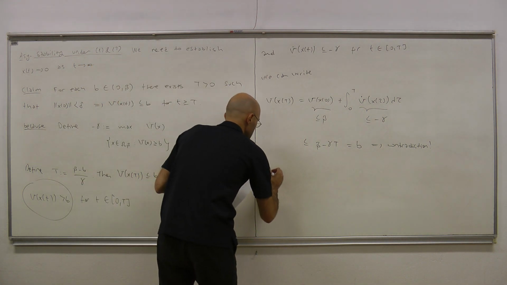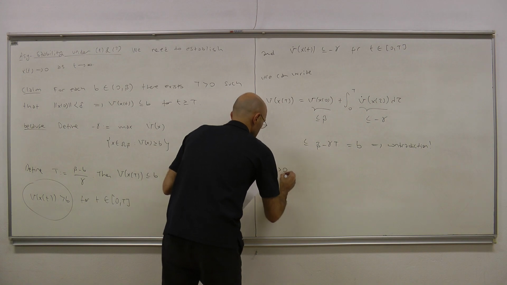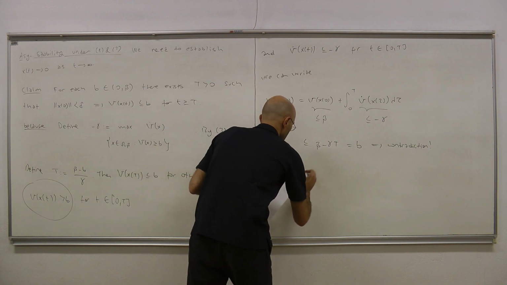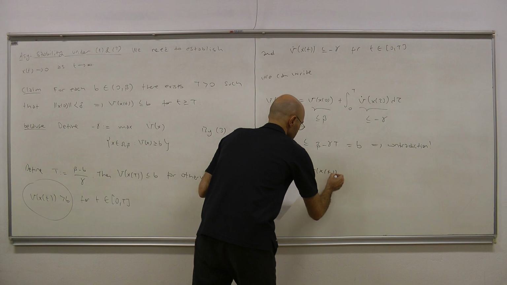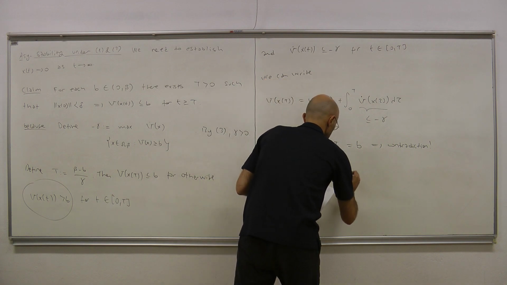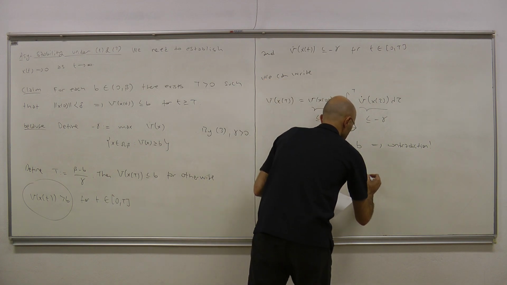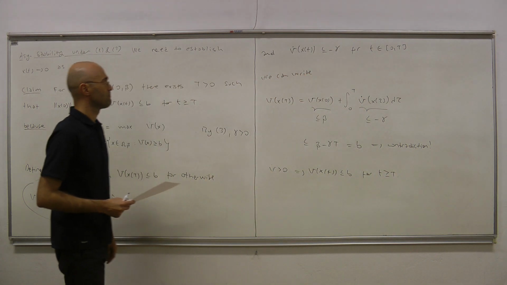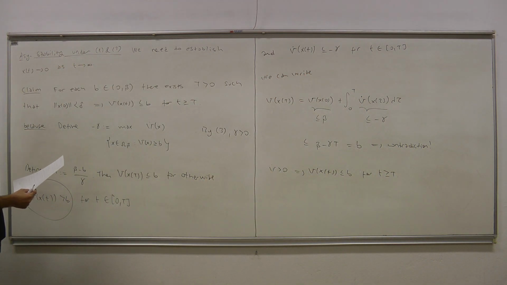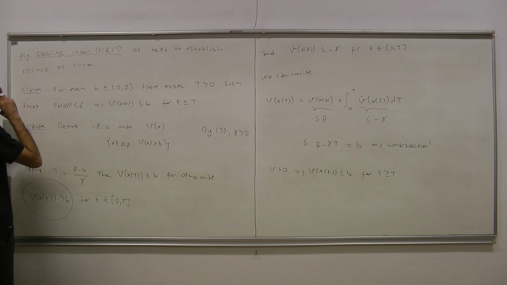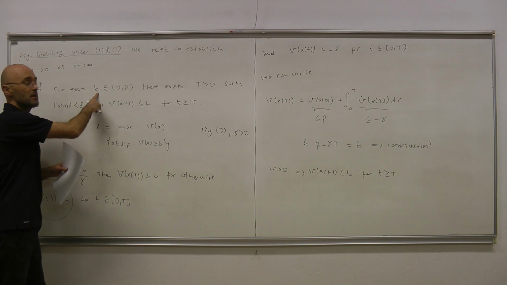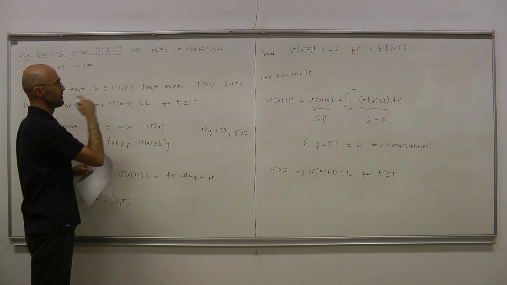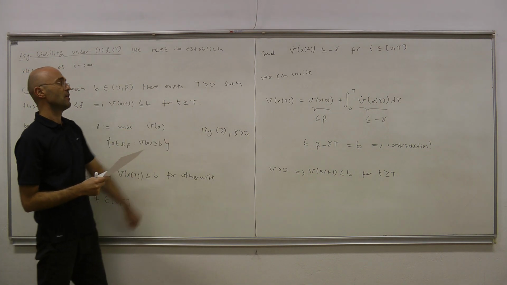And v dot less than or equal to 0 implies v of x of t is less than or equal to b for all t greater than or equal to capital T. Therefore, our claim holds.